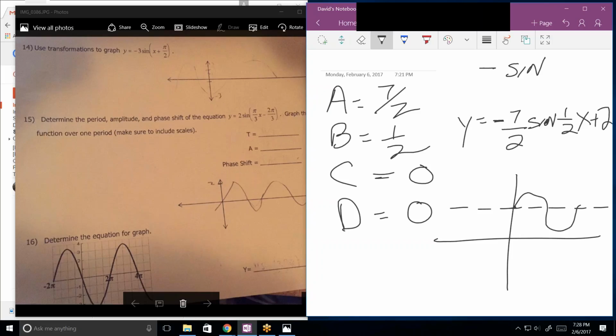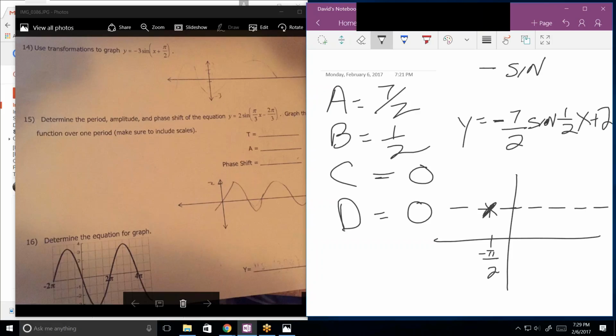But if that's not there, always start with the phase shift. In other words, if there's a vertical shift and a phase shift, do the vertical shift first, and then find your start. Let's say that there was a pi/2 phase shift to the left. Well, that puts your starting point right here.